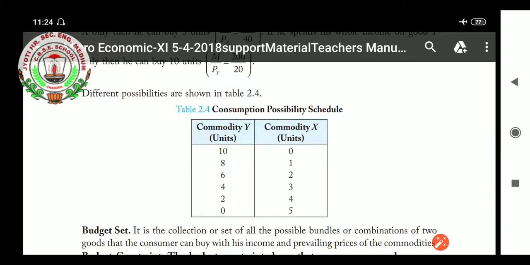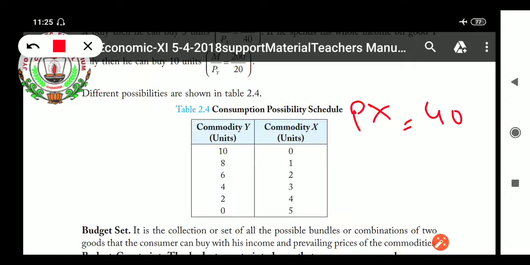So when we are getting 40, what is the cost of X? Px equals 40. Okay, how much quantity can we purchase now? Definitely 40 rupees is left, 40 rupees is the price of product X, we can get 1 unit of X. So this way the composition has been shown, that if 8 units we are ready to pay for Y, definitely 1 more unit of X we can purchase. Earlier it was 0. So this way we are thinking and proceeding.